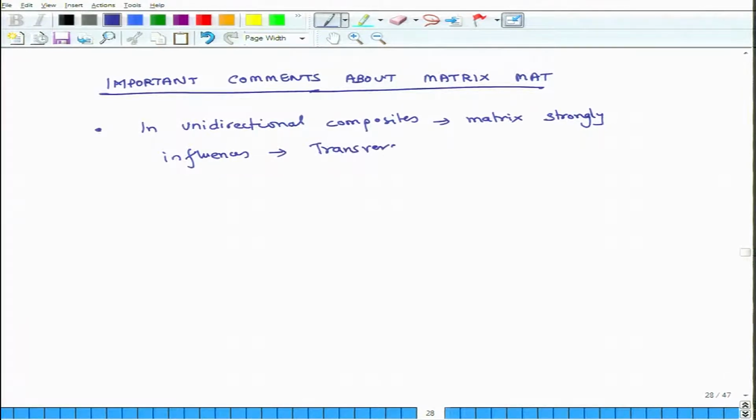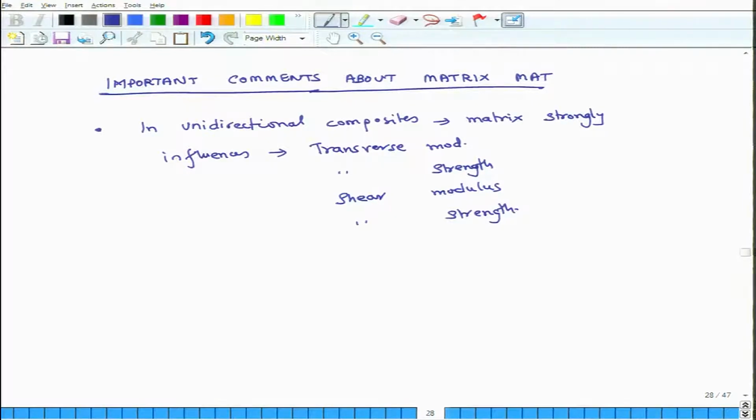Transverse modulus, transverse strength, shear modulus, shear strength. I will explain that.